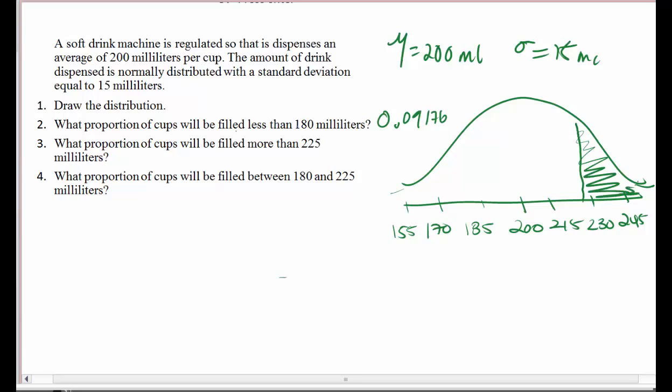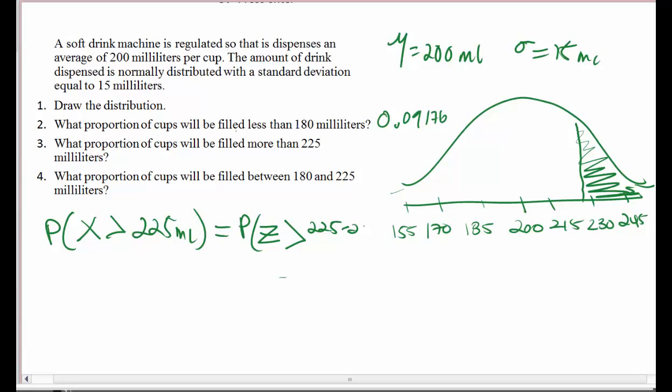So we want to shade in the region. And to find this, we will write it in notation as the probability of X greater than 225 milliliters. This is equivalent to the probability that in the standard normal distribution, z is greater than 225 minus the mean, all divided by the standard deviation of 15, which is equivalent to the probability that z is greater than 1.67.